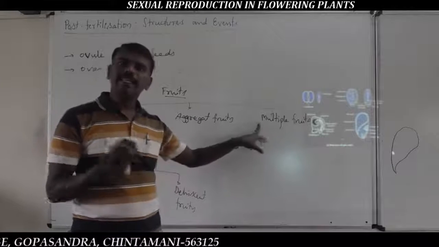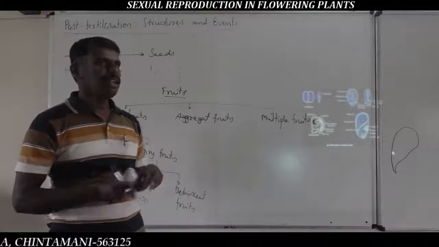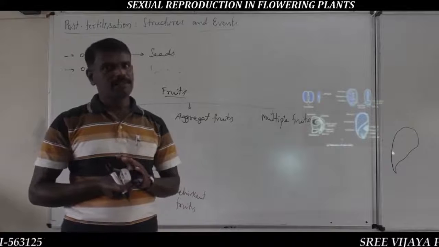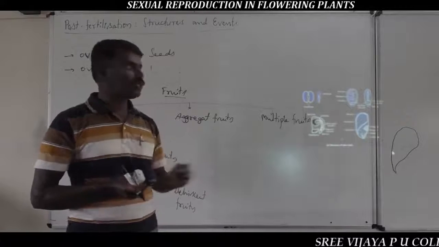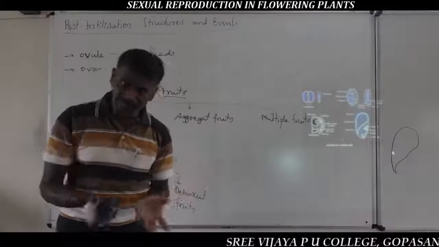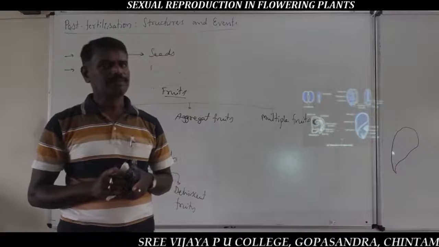The entire inflorescence develops as a fruit, for example custard apple and jackfruit, which consist of a number of fruits present in the same fruit.